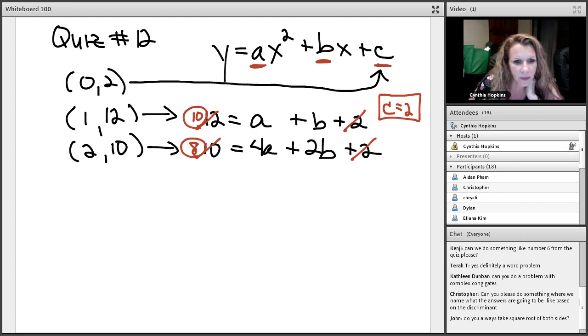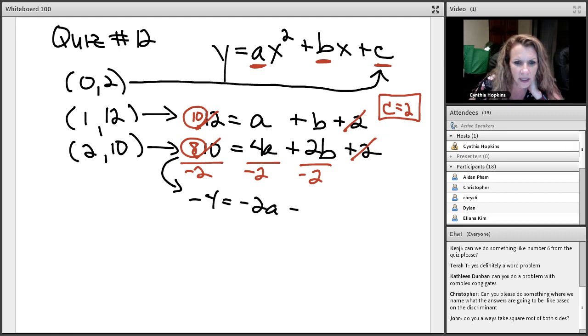Okay, I notice in this second equation that I could divide both sides by 2. There's a 2 in common with each of these. And then when I look right above that equation and I notice a plus b up there, I think to myself, let's divide by -2, and that will allow me to cancel my b's once I do this. All right, so from this second equation, I get -4 equals -2a minus b.